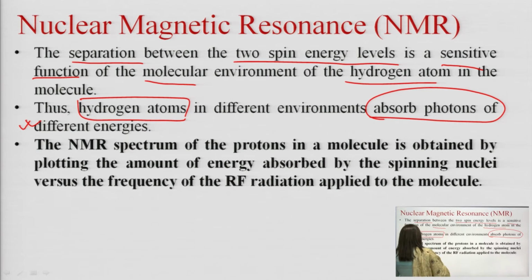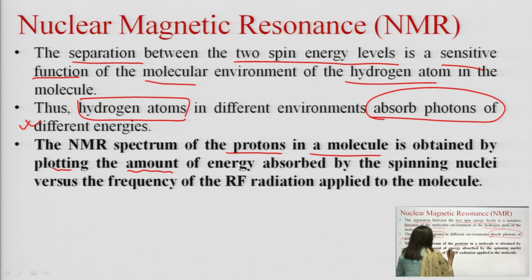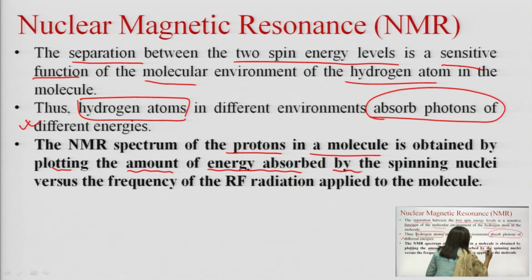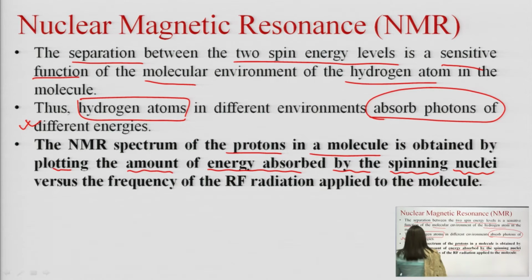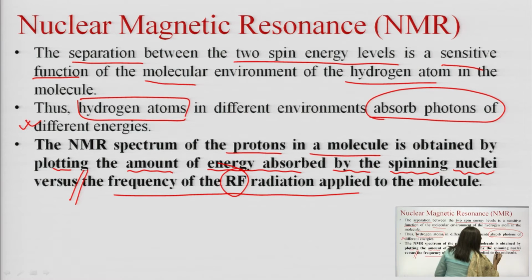The NMR spectrum of protons in a molecule is obtained by plotting the amount of energy absorbed by the spinning nuclei versus the frequency of radiation, or RF, applied to the molecule.